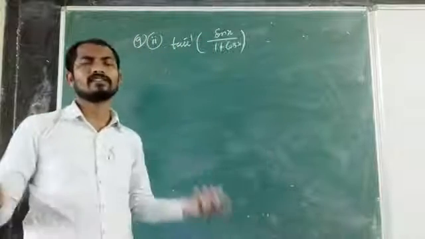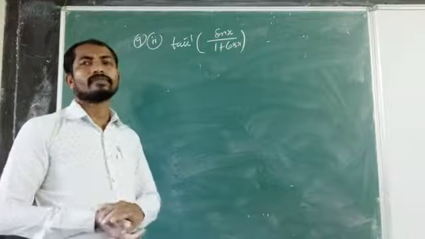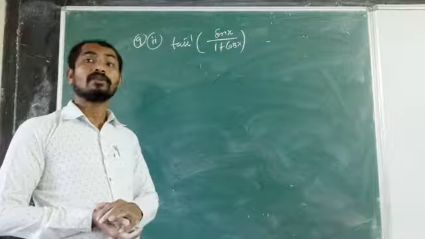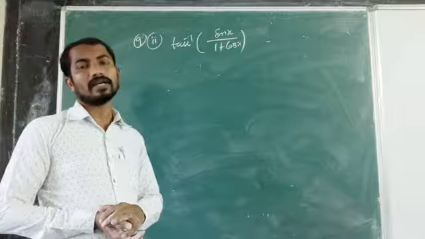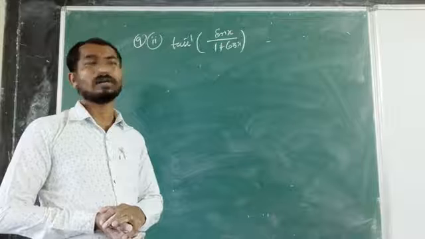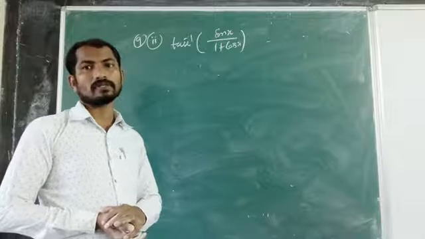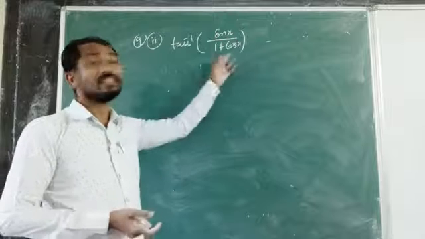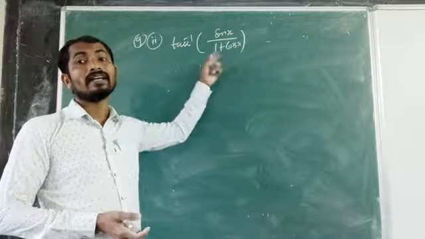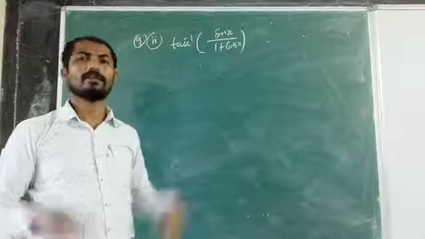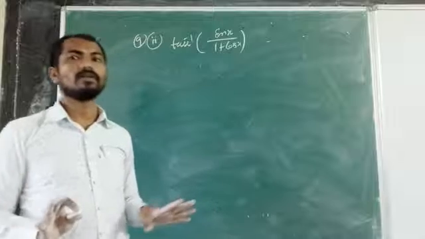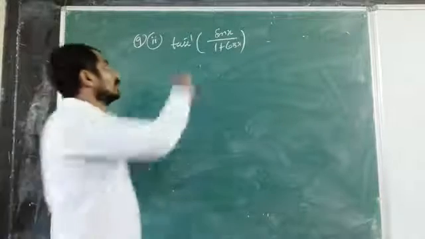Here you need not take any substitution value. By simplifying the value inside the bracket, sin x upon 1 plus cos x, if you simplify this function, we will get it in terms of tan. Then you can apply the tan inverse of tan x formula. It will be easy.